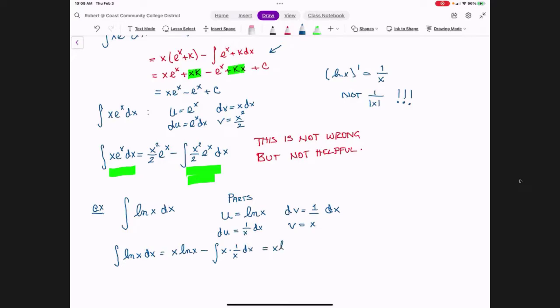So we get x log x minus the integral of dx. So the answer is x ln x minus x plus constant c.